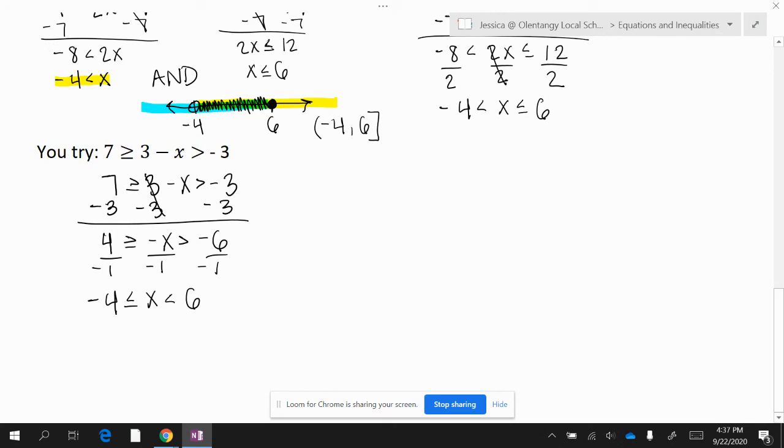Okay, so I solved it as 1, and I got negative 4 is less than or equal to x, which is less than 6.